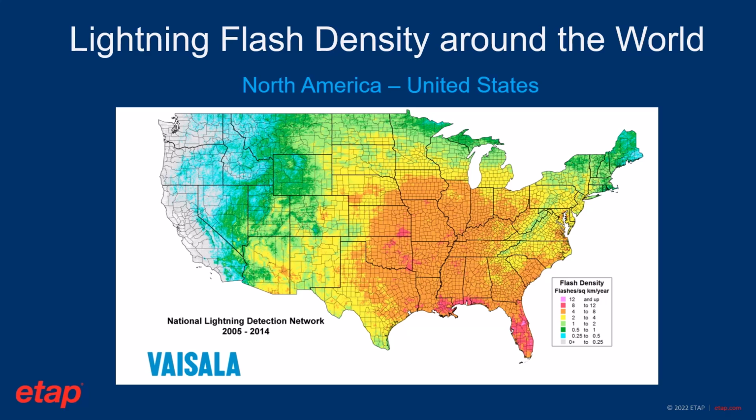In the United States, we have several locations, mostly on the East Coast, where you can see 12 and up flashes per square kilometer per year. There are many methods available to get the statistical data, and many real-time websites that can provide accurate details on the most recent events.